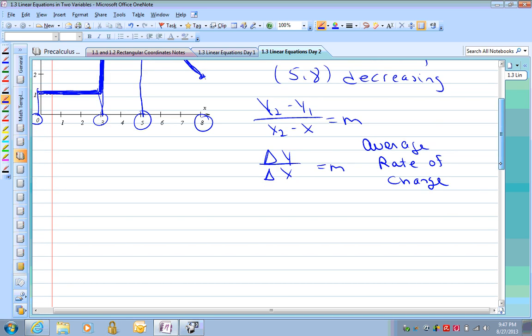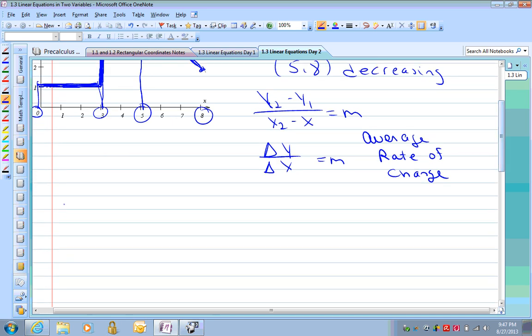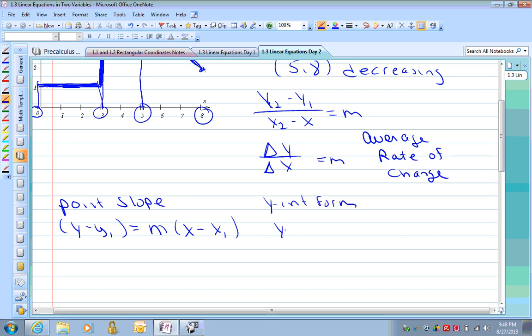All right, so the next thing we're going to do is review our 3 forms of linear equations. We talked about them yesterday. We have point slope, and that is, of course, y minus y1, the given y value, equals the slope times x minus a given x value, or x1. We can also talk about slope-intercept form. This is probably the one you're most familiar with, y equals mx plus b.